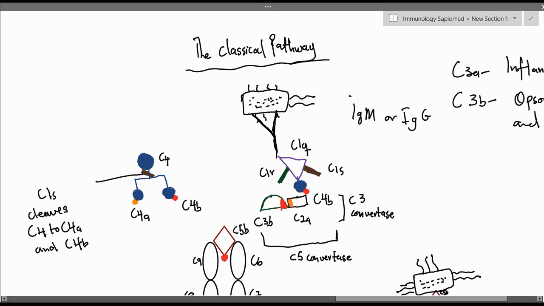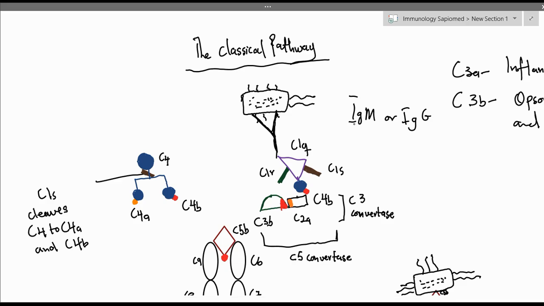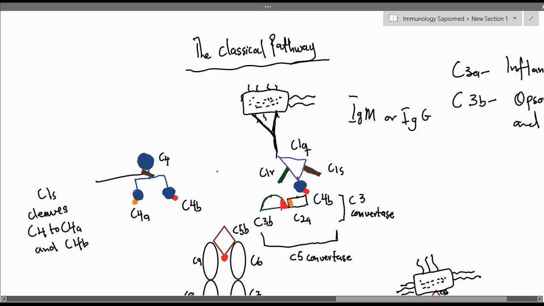Okay, we know that IgM is a pentamer and IgG is a monomer. So in this particular case, we can say that the one we are illustrating is the IgG. So let's just consider this to be the IgG. This is what happened. The first complement protein, that is C1, binds to the Fc portion of the IgG.